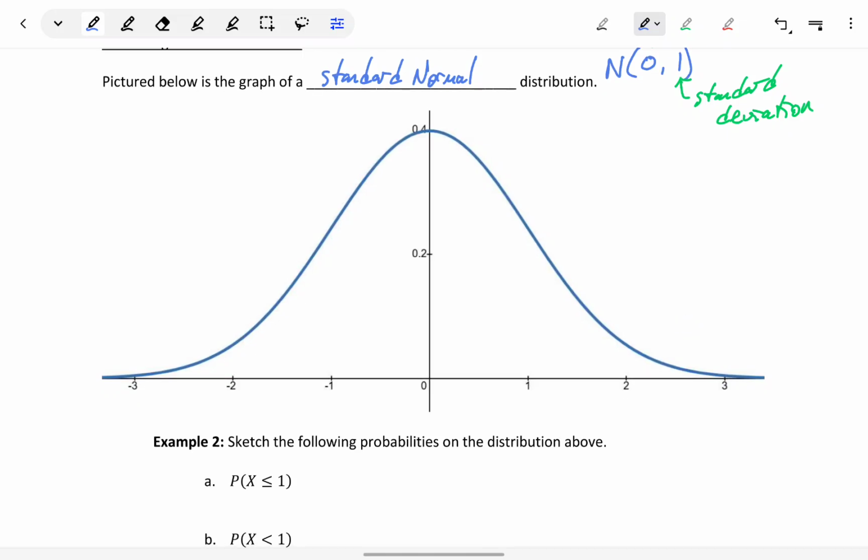When we talk about the normal distribution, it's also a good idea to talk about the empirical rule, which tells us about some of the properties of a normal distribution. The empirical rule tells us that 95% of all data values in a normal distribution are within 2 standard deviations of the mean.